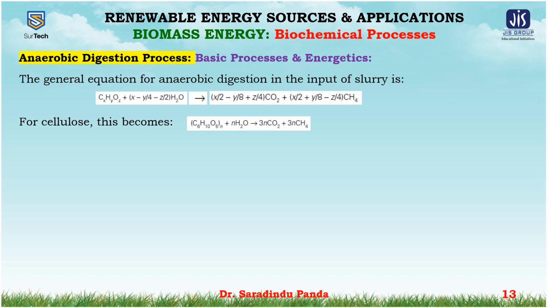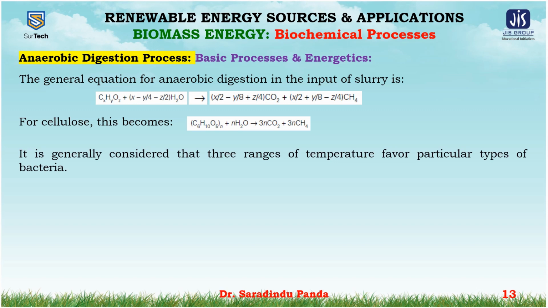In practice, the digestion seldom goes to completion because of the long time involved, so 60% conversion is common. Gas yield is about 0.2 to 0.4 meter cube per kg of the dry digestible input at STP, with throughput of about 5 kg dry digestible solid per meter cube of the liquid.